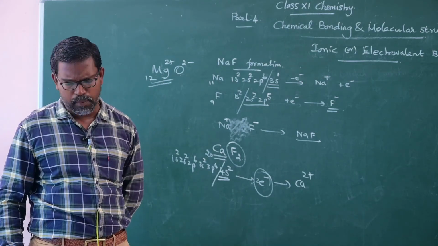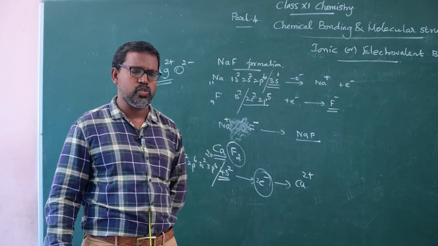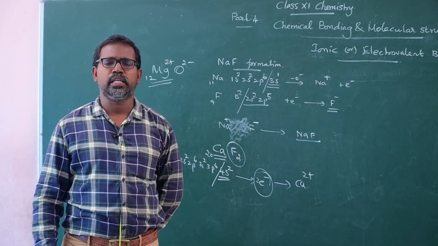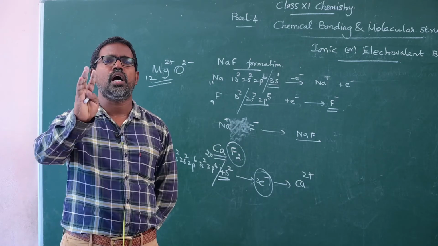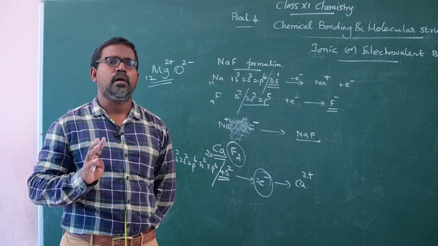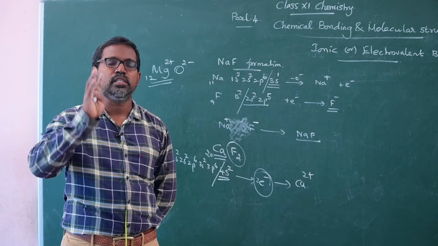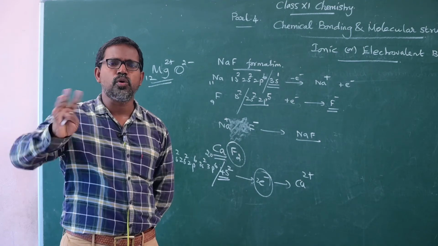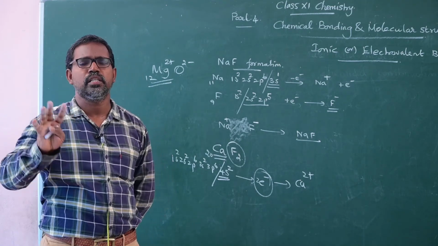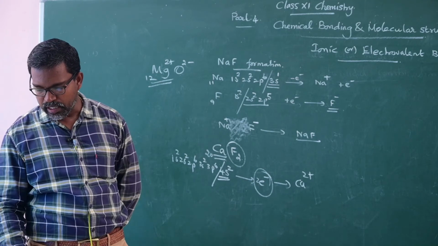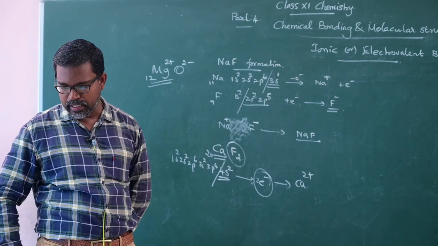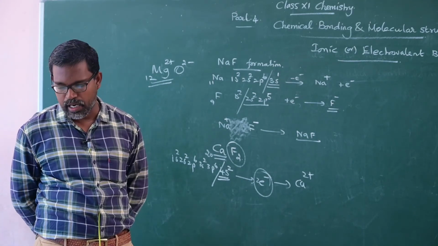High lattice enthalpy. Lattice enthalpy means the amount of energy required to dissociate the ionic bond: how much energy is required to dissociate the bond present in the ionic compound. The higher the value of lattice enthalpy, the greater will be the ease of formation of the ionic compound.